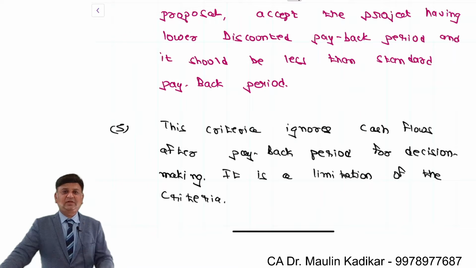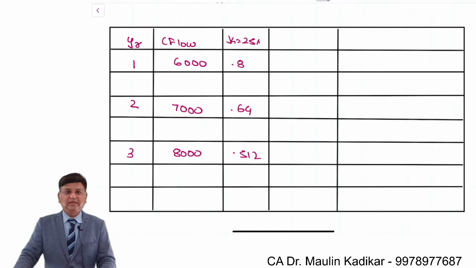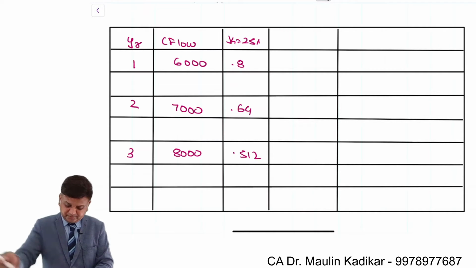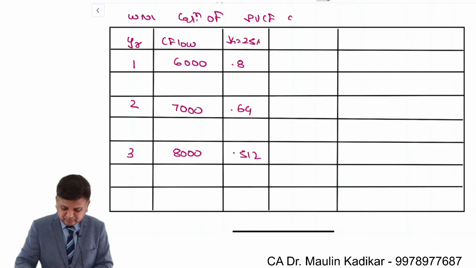Try to calculate the discounted payback period on your own. So, let us understand how to make the calculation of the answer. As usual, the first working note will be the cumulative cash flows. So working note number 1, calculation of present value cash flow and cumulative value of present value cash flow.